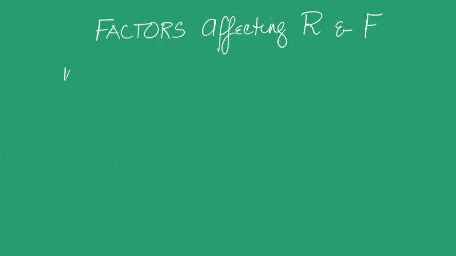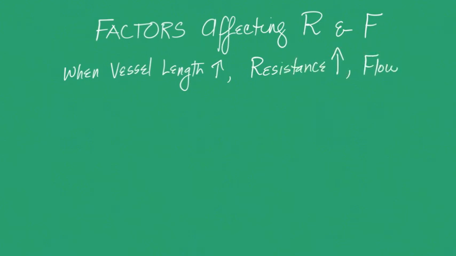Let's look at the factors that affect resistance and flow one more time. Remember that resistance and flow go opposite. When vessel length increases, as in weight gain, resistance also increases and flow decreases because it's opposite.